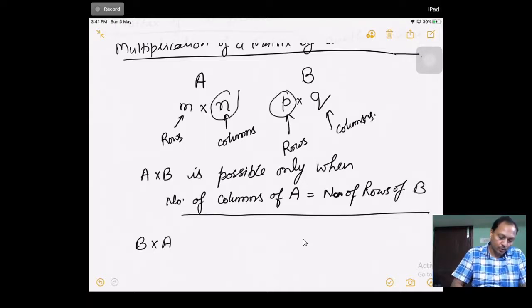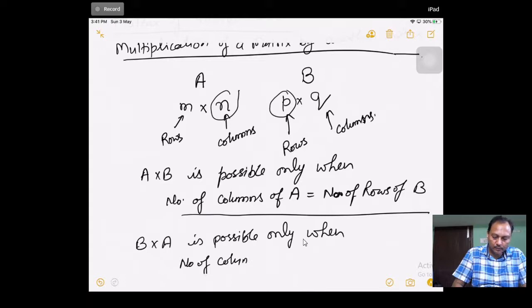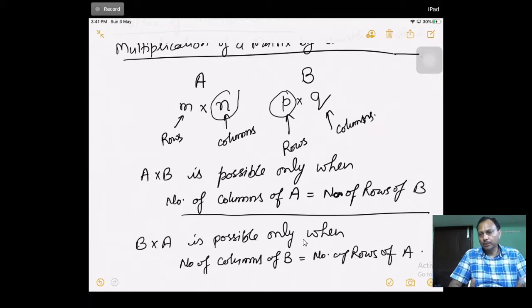So B into A is possible only when the number of columns of B is equal to the number of rows of A. Sometimes A into B is possible, but B into A does not exist.